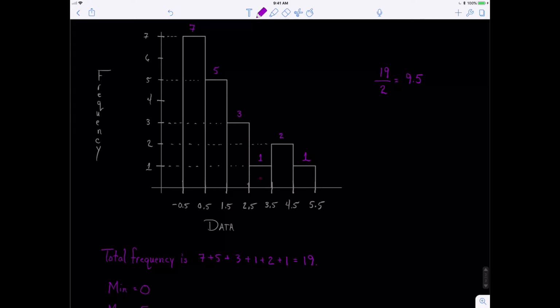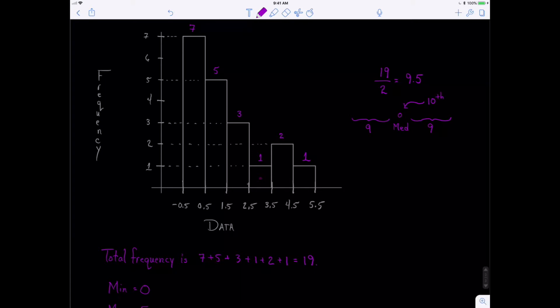So the lower half will have 9, you'll have your median, that'll be the extra value, and then you're going to have 9 above it, and that adds up to 19. Notice if we start counting from the bottom, this is going to be the 10th data value.